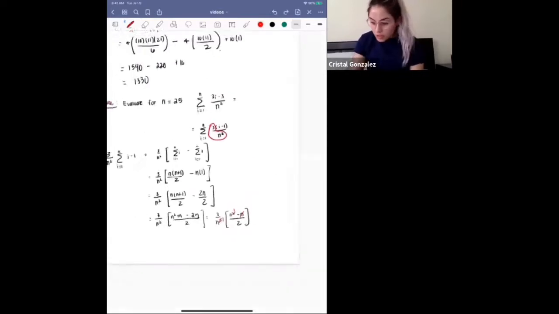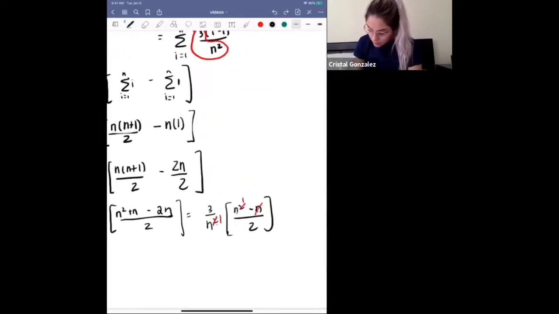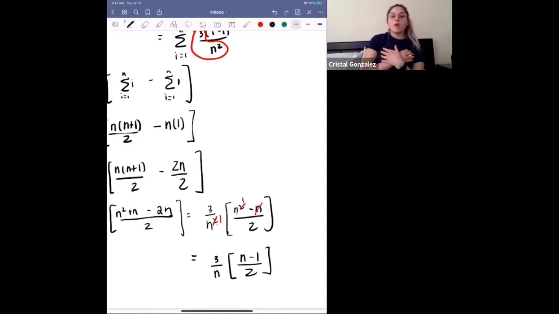This problem's kind of long, but it's good practice. So we get 3n over n minus 1 all over 2. Now we've simplified it, and at the very end, we're going to get 3n minus 3 all over 2n. Maybe I should move that up a little bit. There you go.